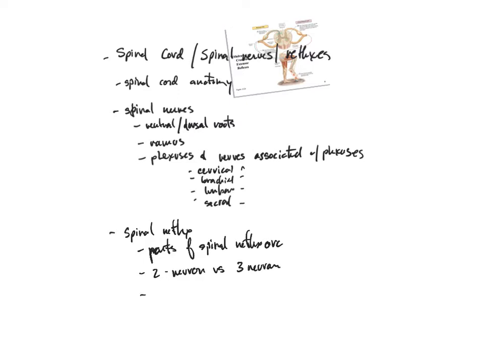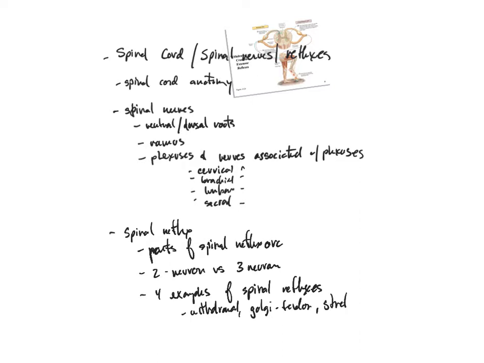And then you have 4 examples of spinal reflexes: withdrawal, the Golgi tendon, the stretch reflex, and the crossed extensor.